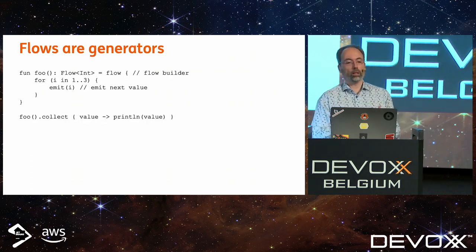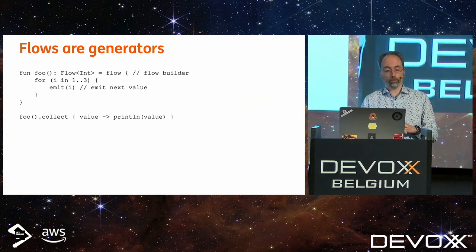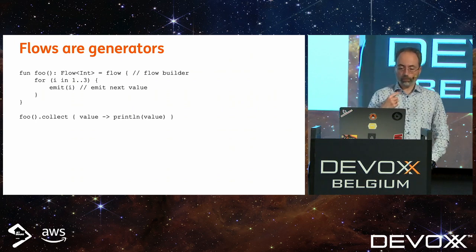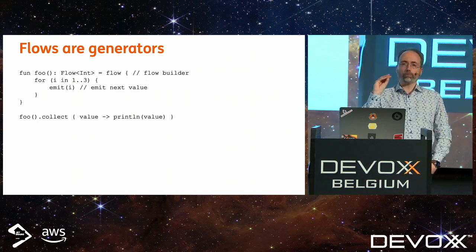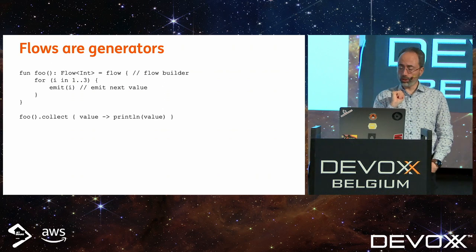Generators are implemented in Kotlin as flows. A flow is created using the method flow from the coroutine scope.